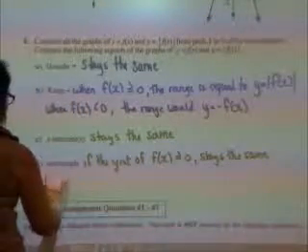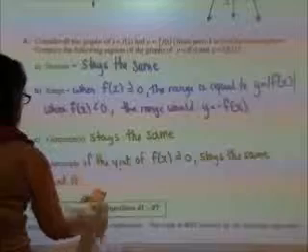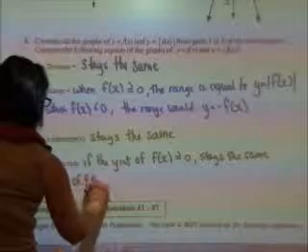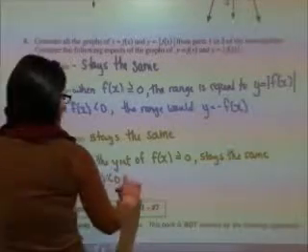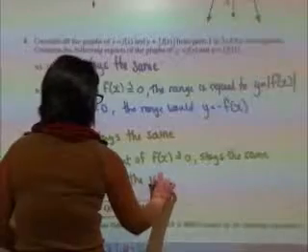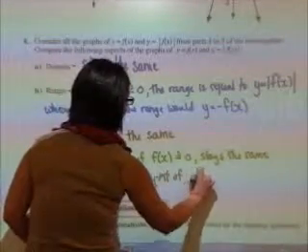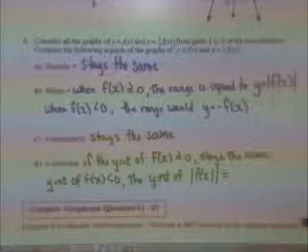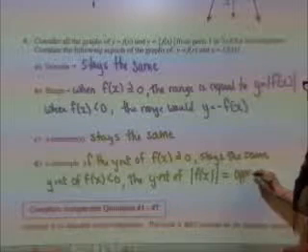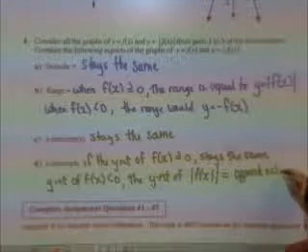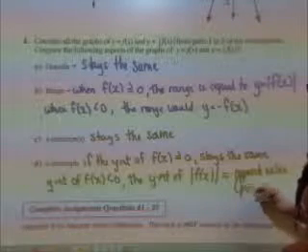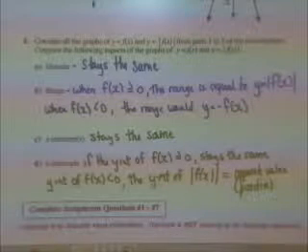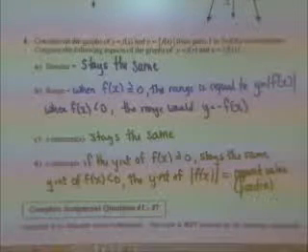If the y-intercept of f of x is less than 0, then the y-intercept of the absolute value of f of x would be equal to the opposite value, which would be the positive value. So if the y-intercept is -4 in the absolute value equation, it would be +4.